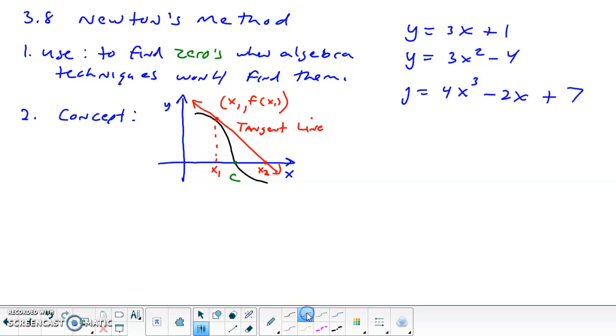But what you want to do is, after x sub 2, you want to find an x sub 3, which will be closer to C. And guess what? After you do an x sub 3, you'll do an x sub 4, which will be even closer to C.